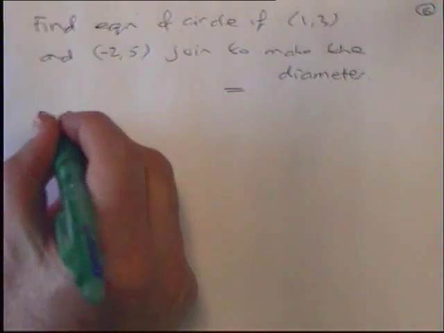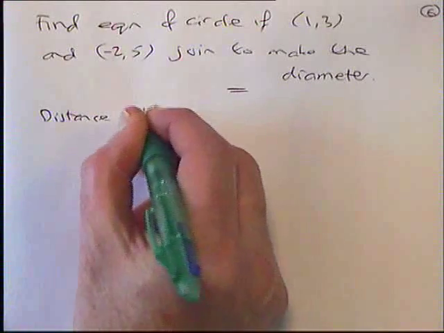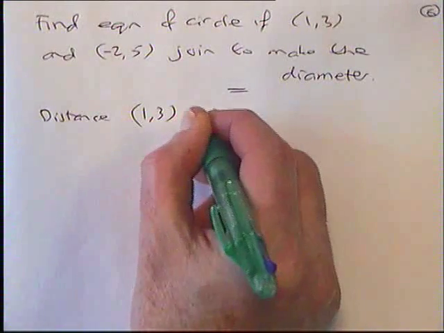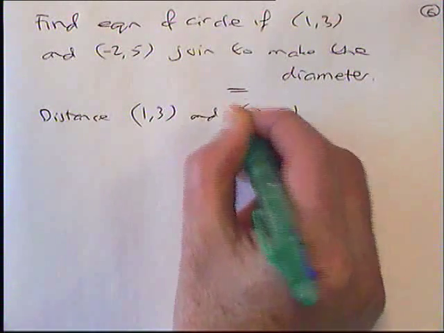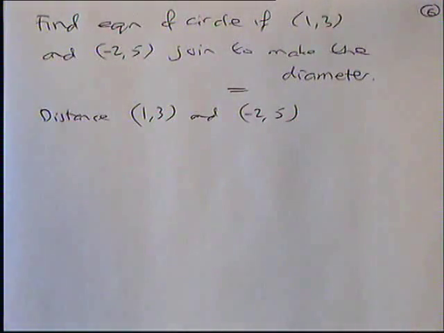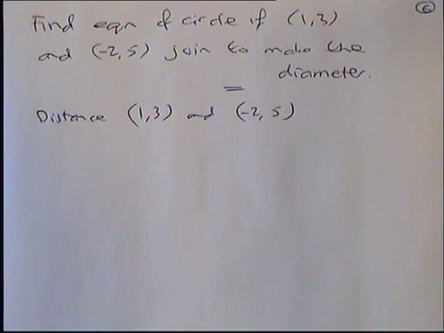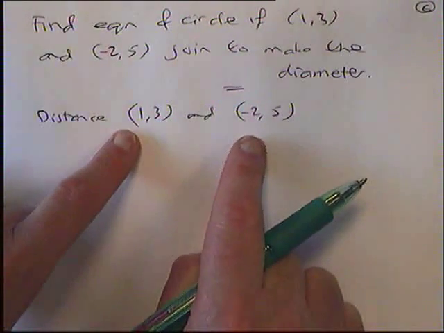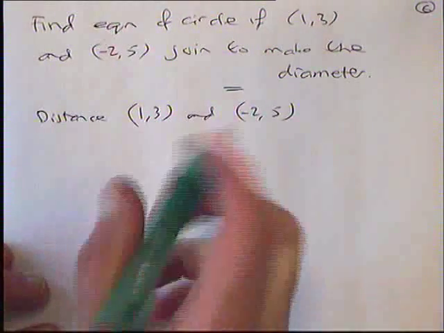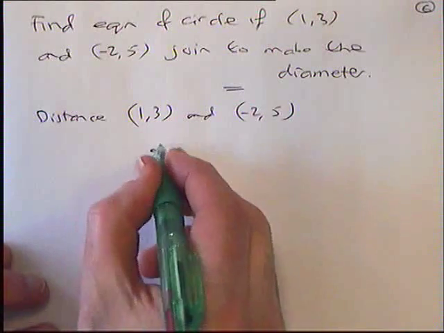So if we do the distance between those 2 points, and we did distance between earlier today, what do we need to do? Yeah, we're doing the Pythagoras thing. How much have the x numbers changed? From 1 to minus 2, the x numbers have changed 3.